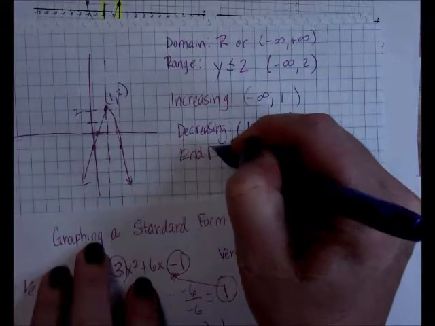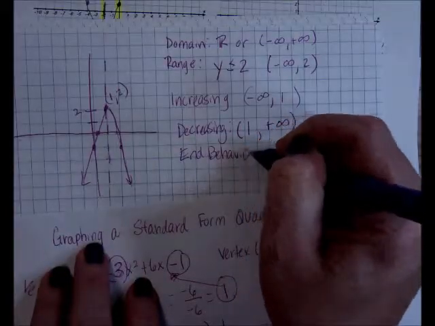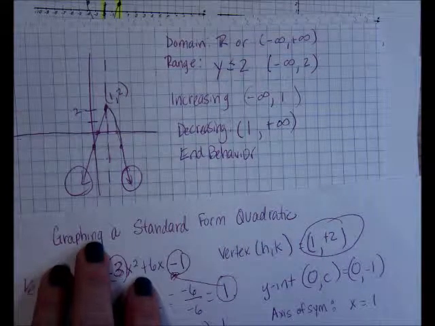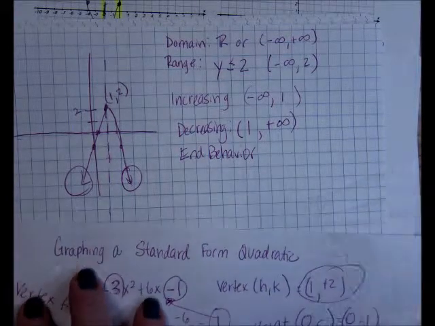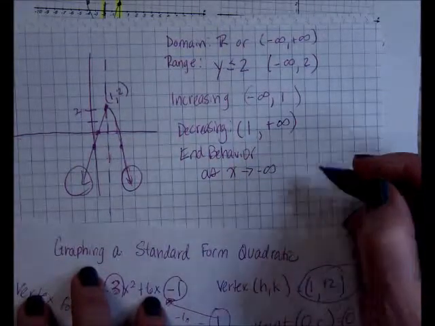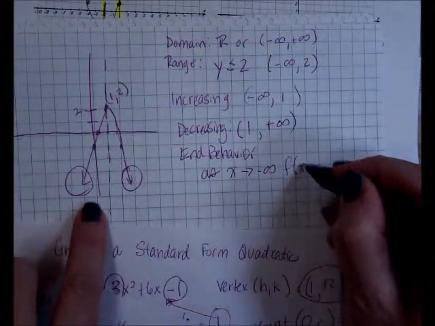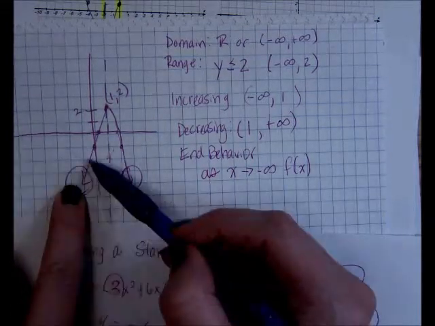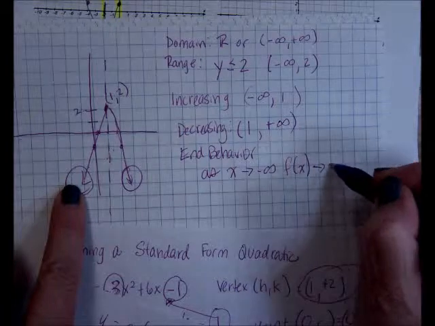The next thing that we talked about is end behavior. And end behavior is just looking at my arrows and where they're pointing. You're going to tell me what's happening to my graph as x approaches negative infinity. You're telling me that f of x, or my graph, so as x goes this way, y goes to negative infinity.